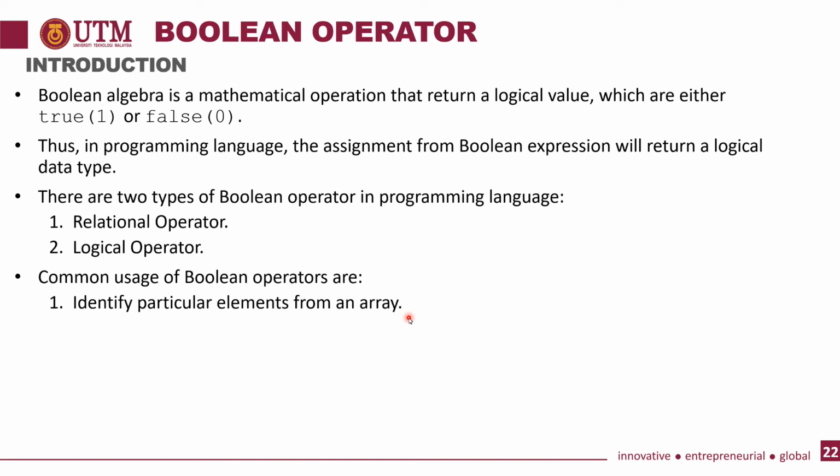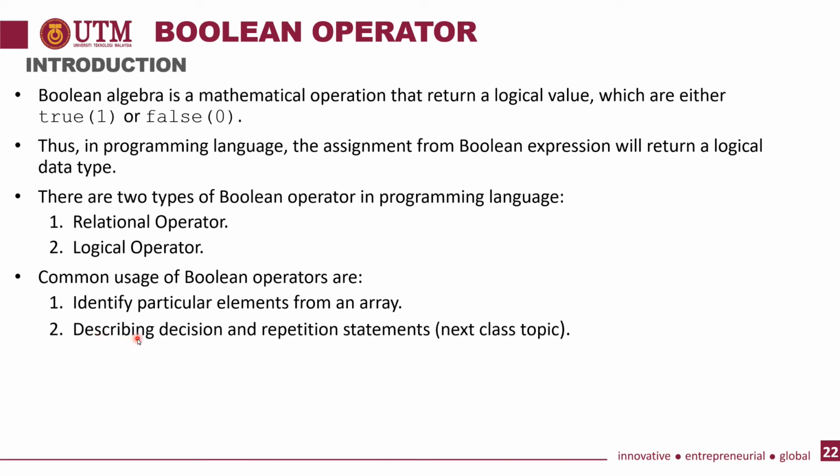For example, we have an array and we want to detect the elements which are greater than 5. We can use a Boolean operator for this kind of function. The second is describing decision and repetition statements, which we will discuss in the next class, where a Boolean operator is used to describe a decision: if a Boolean expression is true, it will execute these functions.